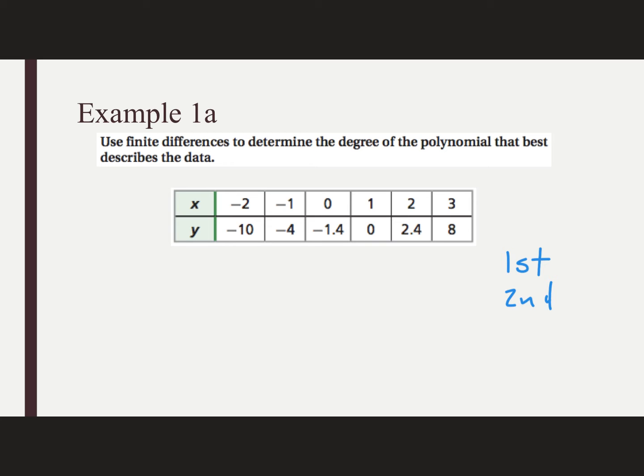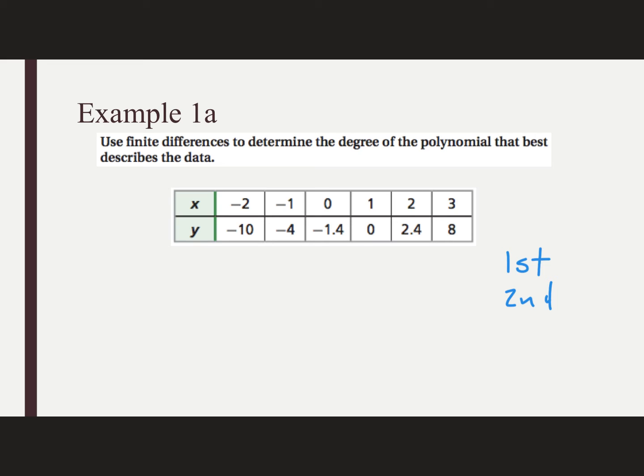Okay, I'm going to start out with these two numbers, negative 10 minus negative 4. This involves a lot of subtracting negative numbers, so remember that negative 10 minus negative 4 changes to negative 10 plus 4. I'm not going to do that every single time because there's a lot of subtraction in this, so try to pay attention.